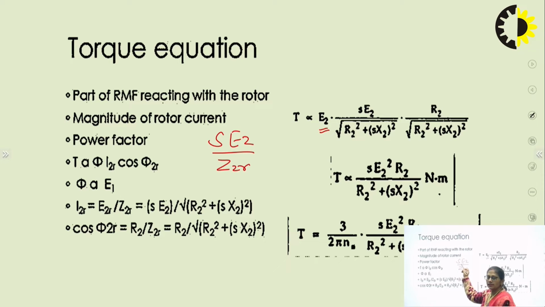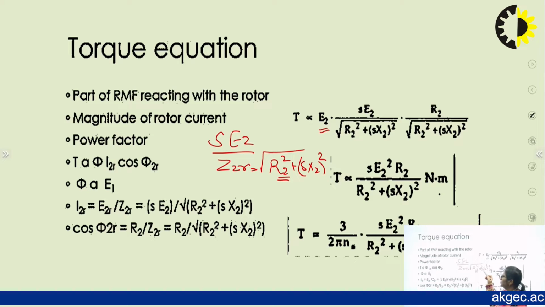That is, slip times the rotor induced EMF at standstill divided by Z2R, the rotor impedance at running condition, which is given by the square root of R2 square plus (S X2) whole square, where R2 is the rotor resistance and X2 is the rotor reactance. At running condition it will be slip times X2.